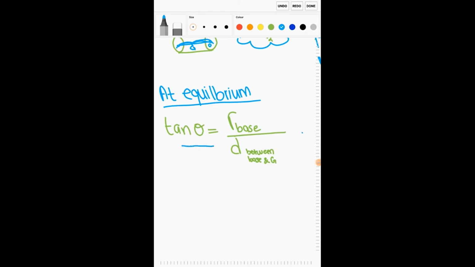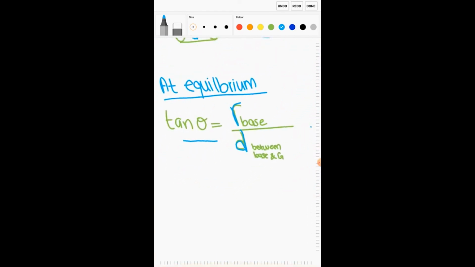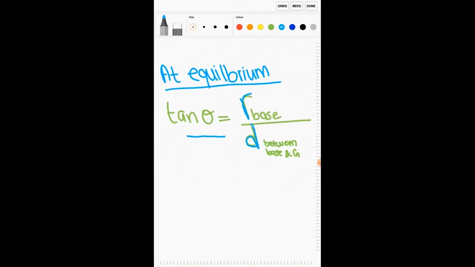Tan alpha equals r, the radius of the base, over the distance from the base to G. So let's see how you can use this formula. We'll find an example.